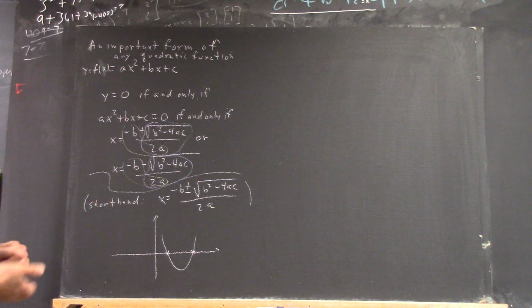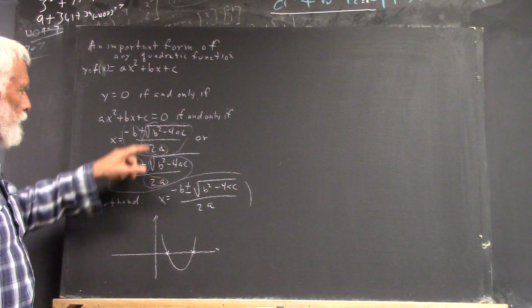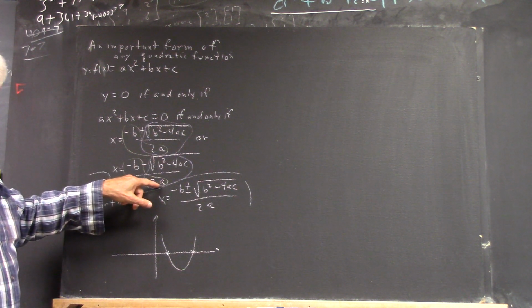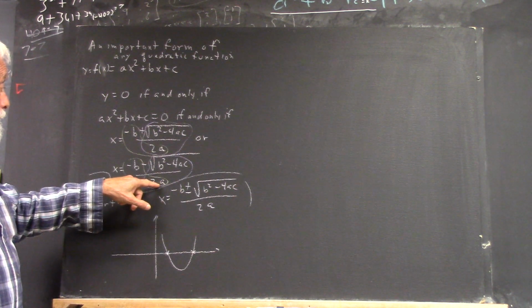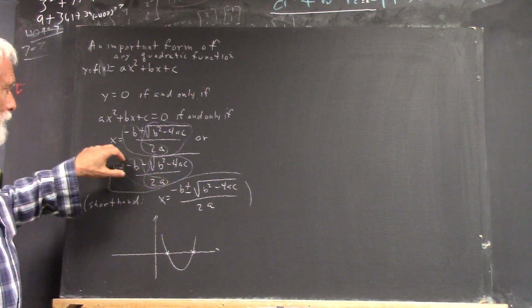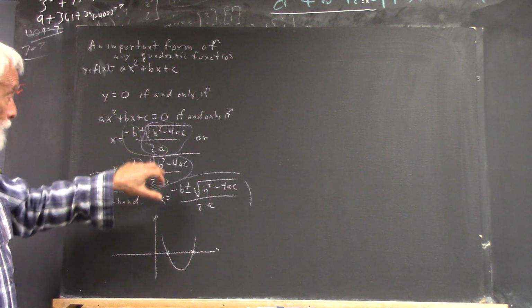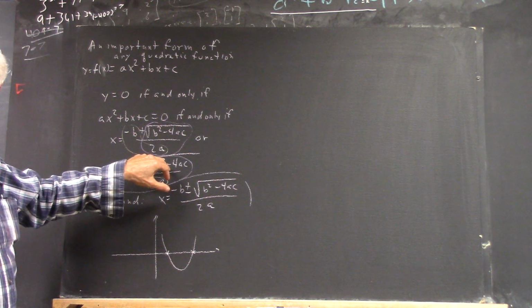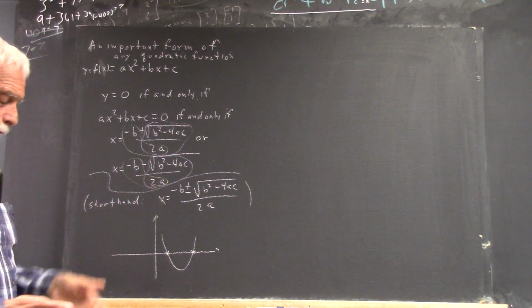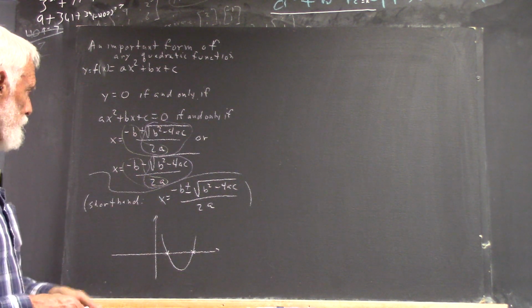Now, you really can't tell for sure which one of these is less unless you know the sign of a. If a is positive, then the one with the minus here is going to be less because you're taking negative b over 2a and subtracting the square root of something over 2a, okay? So, you might want to think about that, but yeah.